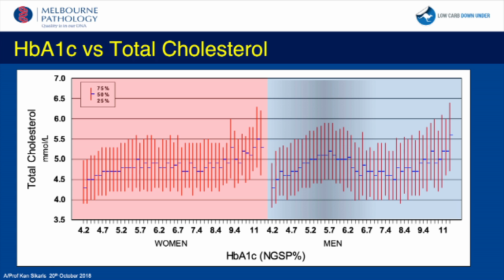But in men, it rises, peaks at about an A1C of 6 and then falls back at 6.5. So in a way, it's reflecting the total cholesterol level, which I don't want anybody to be worried about because it's a meaningless number, but there is something going on here. The total cholesterol level in men is behaving like insulin, going up and coming down in the pre-diabetic phase. So we need to understand that more.